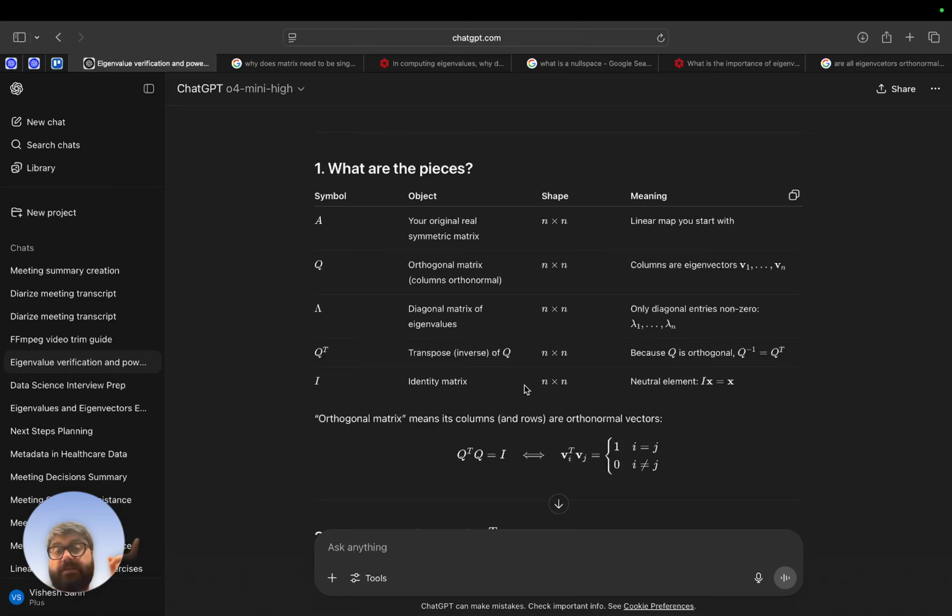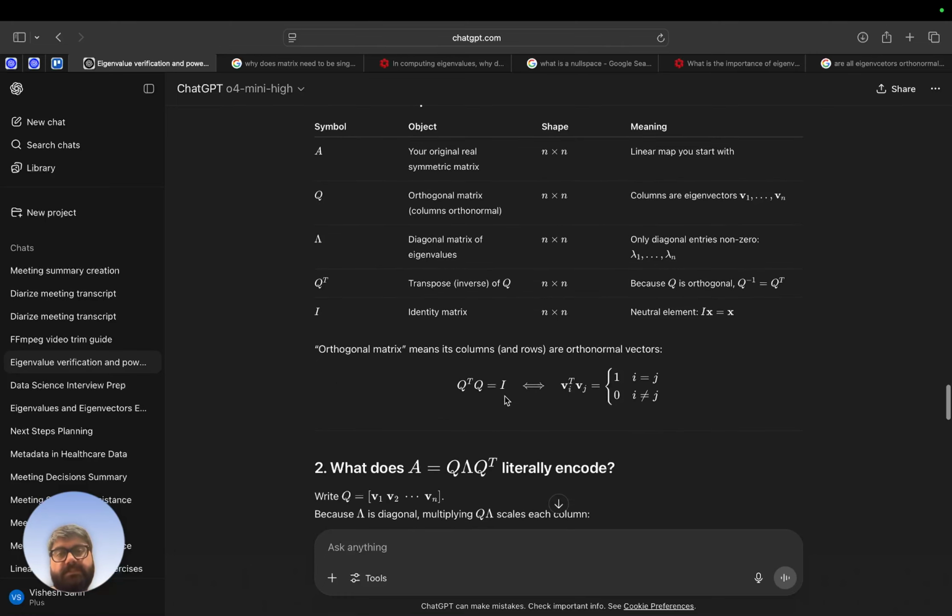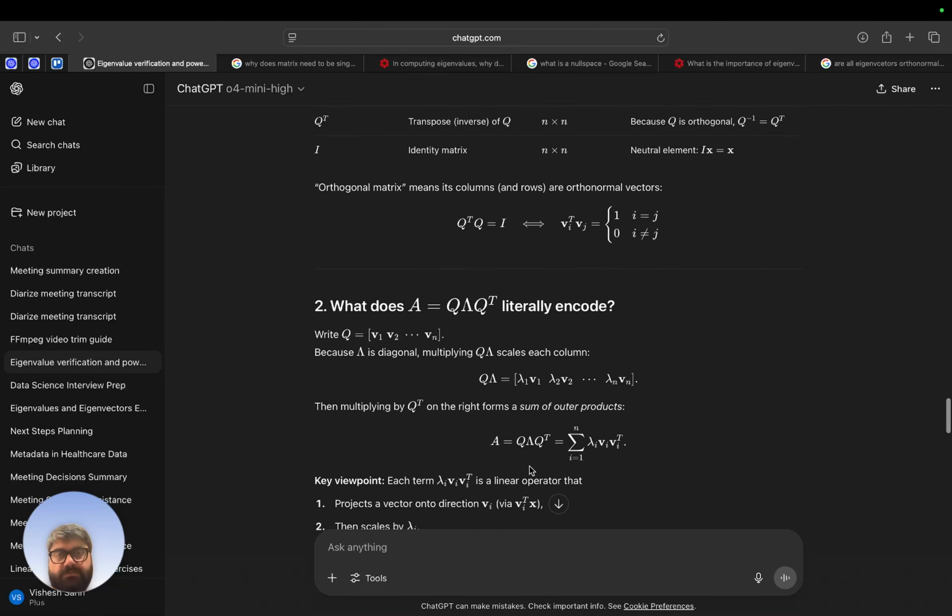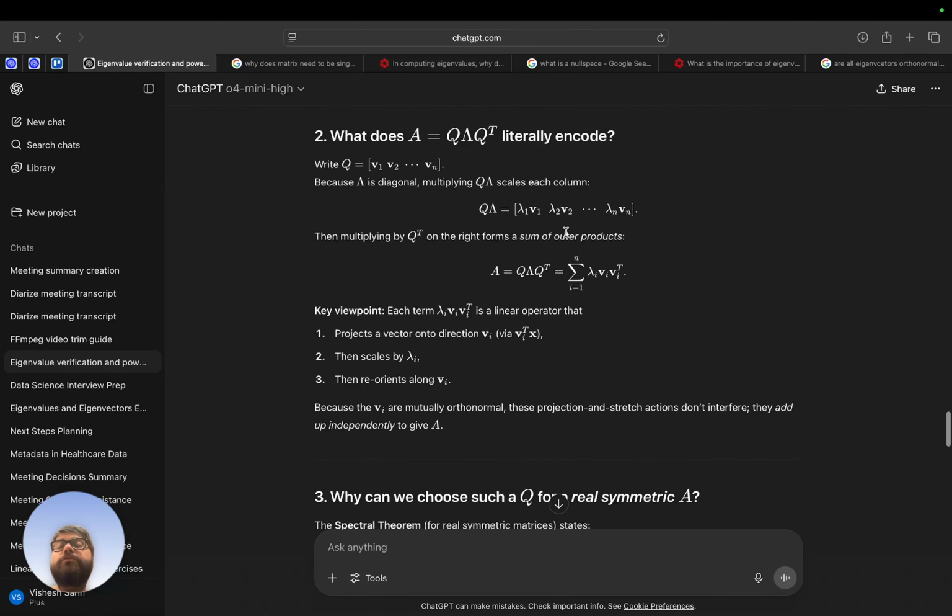So therefore, the transpose of Q is the inverse, because the inverse of a matrix with orthonormal columns is defined as its transpose, and I is the identity matrix, right? So Q^T Q equals I. Okay, fair enough. That's the same as saying A inverse A equals I. That's true always, basically.